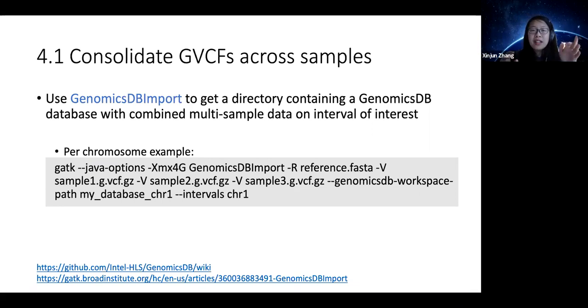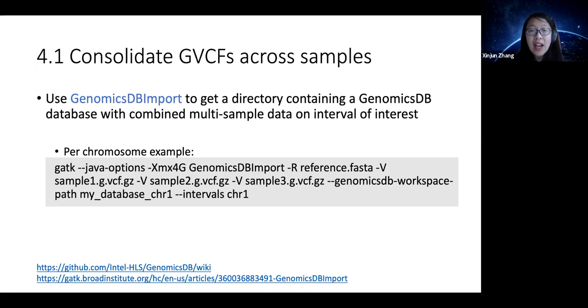But if there's a given site that is non-variant in some of the individuals but is variant in another individual, since we want to call variants among our whole cohort, such a site will be included as a variant in our ultimate VCF output. So it is not hard to imagine how this process really works.